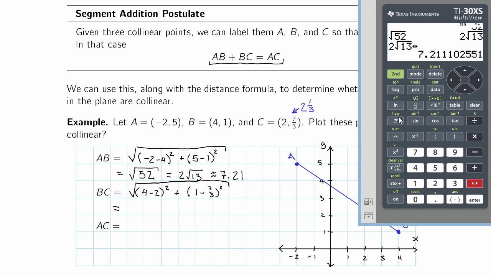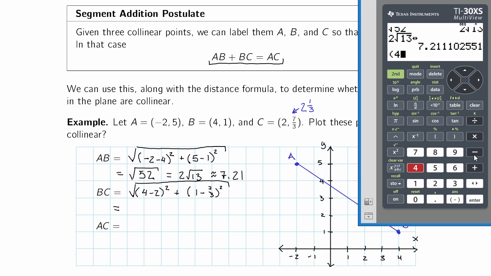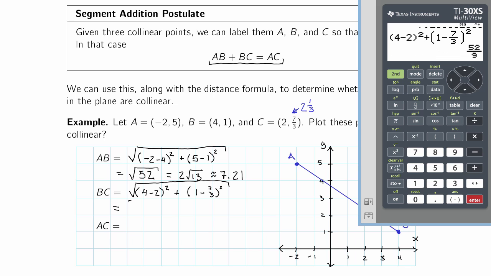So let's see. 4 minus 2, and square it, plus 1 minus 7/3, and square it. That's 52/9. Take the square root. So let's see, our denominator, square root of 9 is 3.